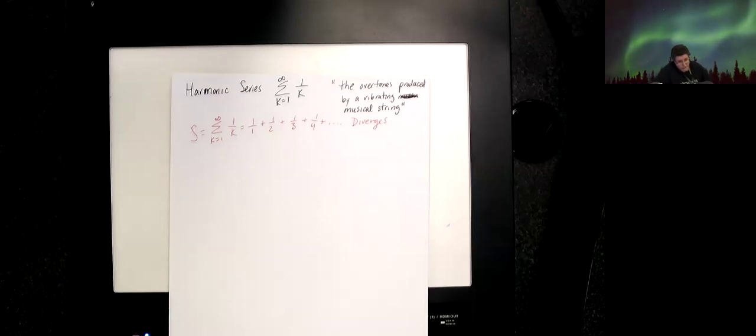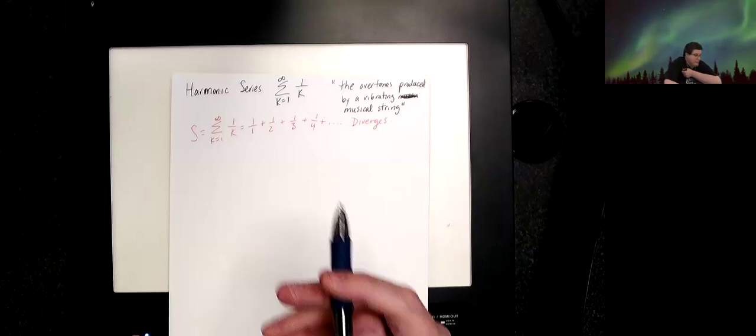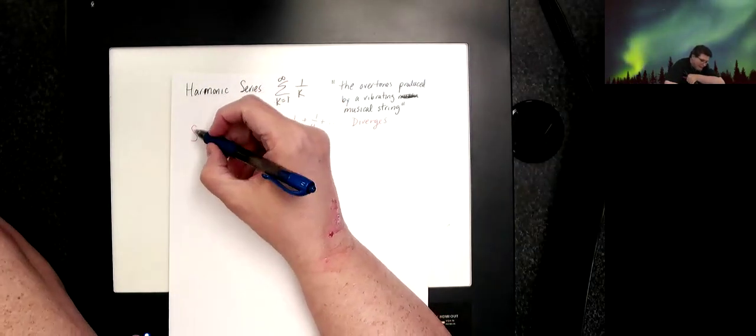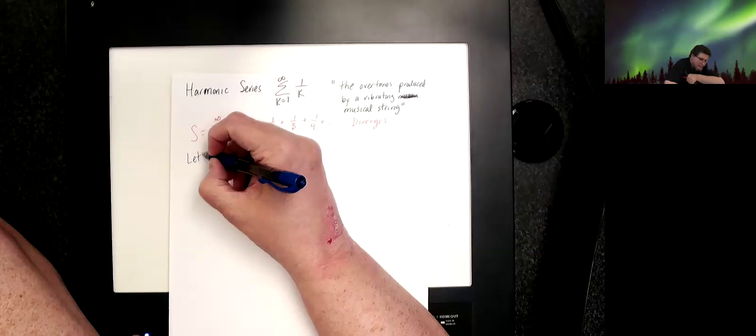Now, if you want to see one of the most confusing proofs ever, look in the textbook. I know some other teachers teach it this way too. It's a confusing proof. But what we're going to do is let's assume it converges.